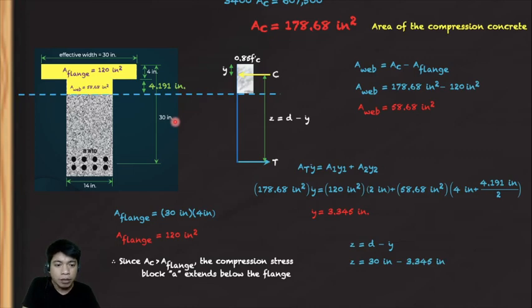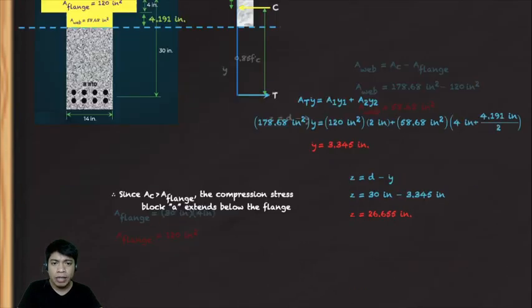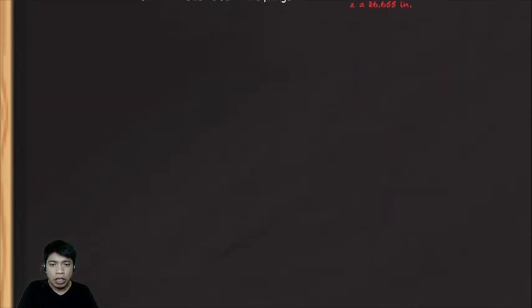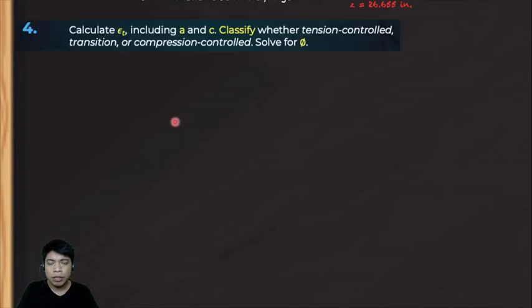Of course, our value of Z is 26.655 inches. Okay, so let's now proceed to the next part of our solution. Again, guys, we will need Z later in computing our VMN.